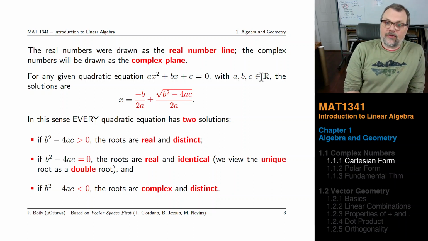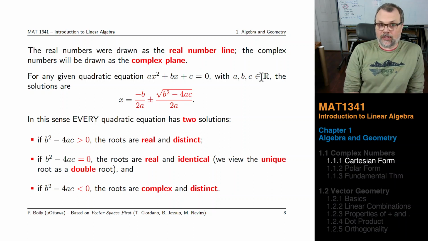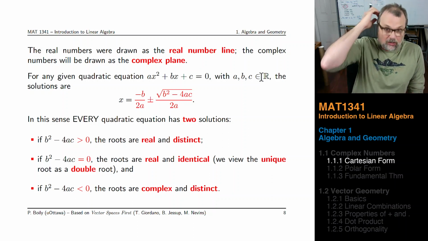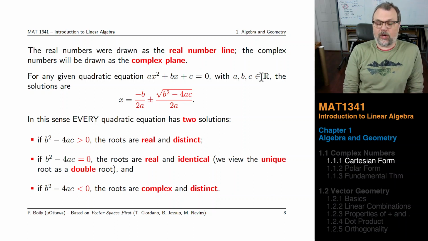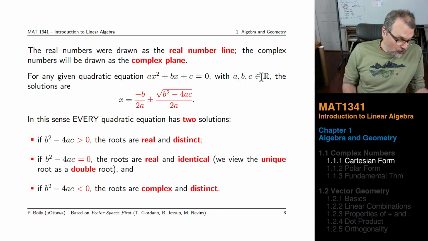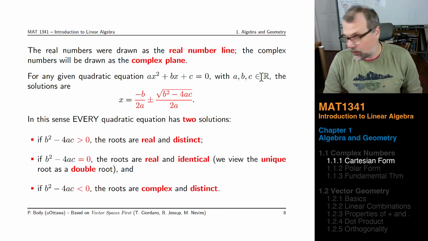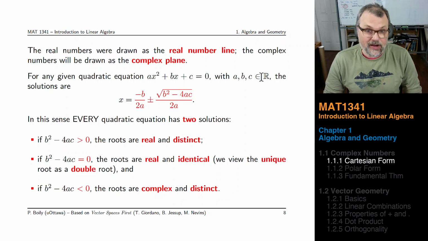When you have a quadratic equation, or quadratic polynomial that you want to solve, ax squared plus bx plus c is equal to 0, you know by using the quadratic formula that the solutions are minus b plus or minus the square root of b squared minus 4ac, divided by 2a.